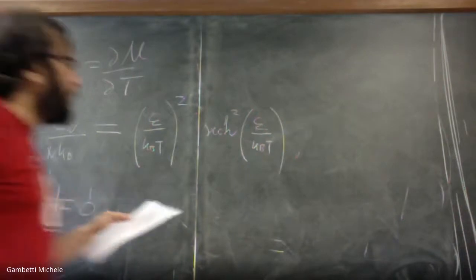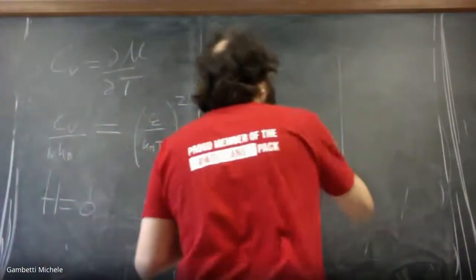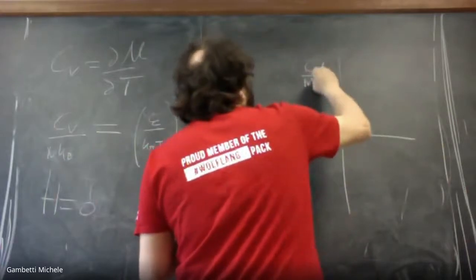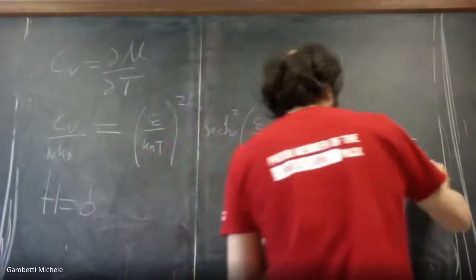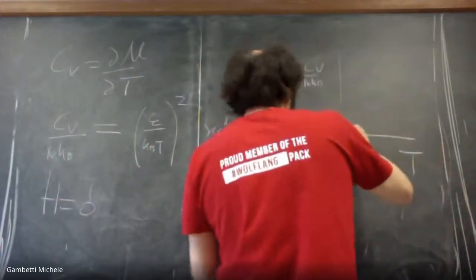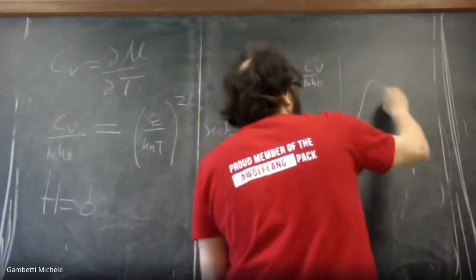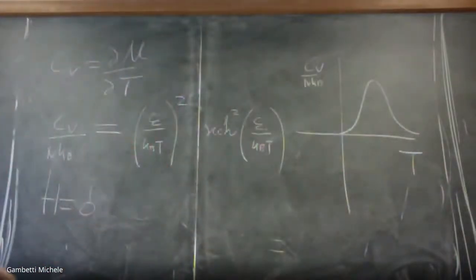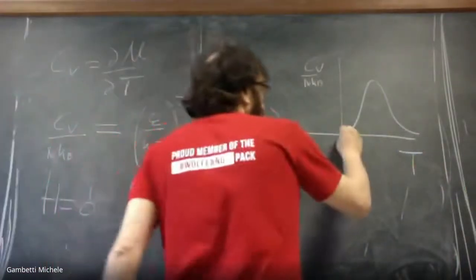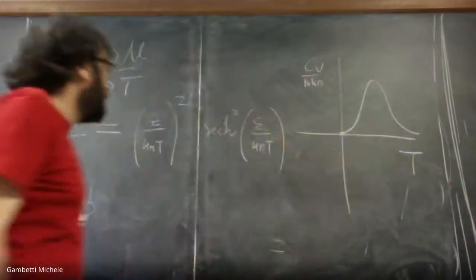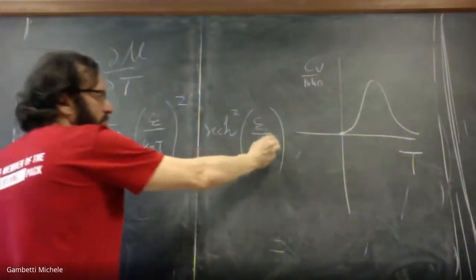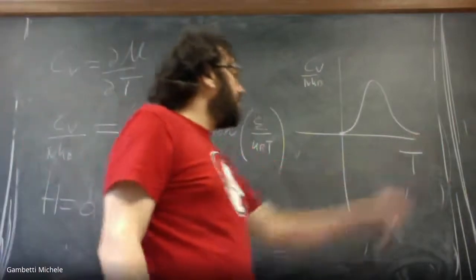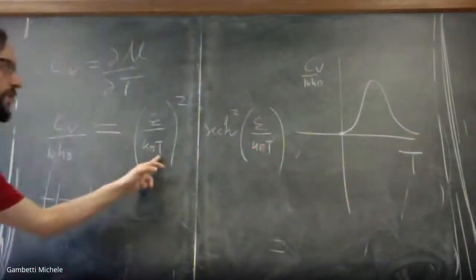And if you make a plot of this quantity, you see that C_V divided by N k_B as a function of temperature has a smooth behavior like this one. For t going to zero it is approaching zero, because effectively we have an exponential suppression provided in this formula, whereas for t going to infinity I have 1 divided by t squared.